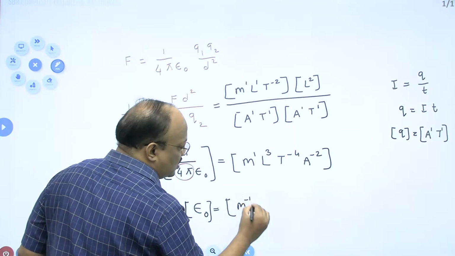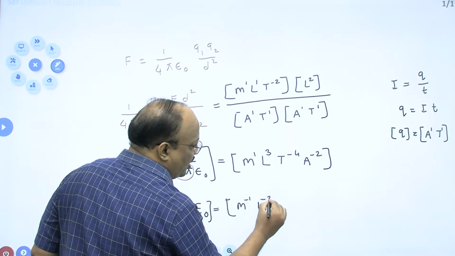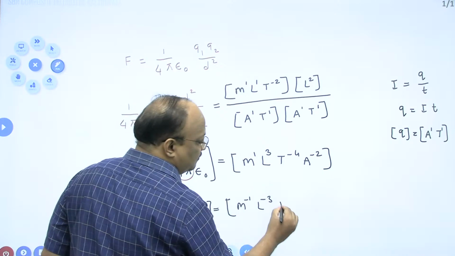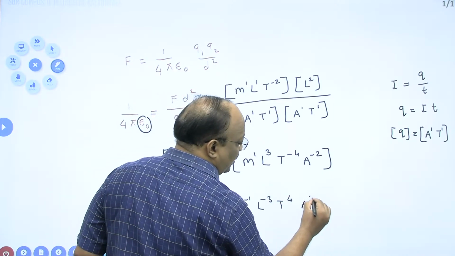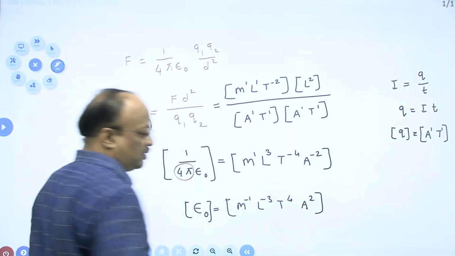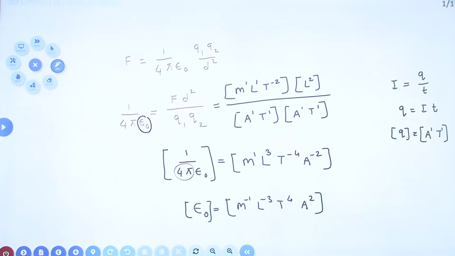Minus 1 in mass, minus 3 in length, 4 in time, 2 in current. Exactly inverse.